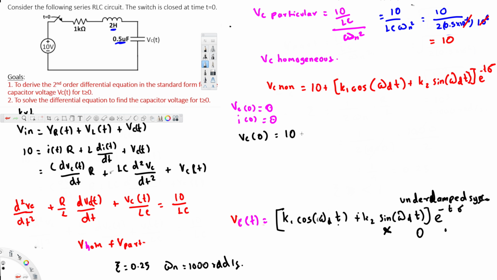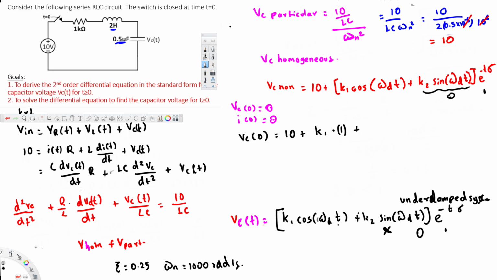So this is going to be 10 plus k1 cos 0. When time is 0, cos is 1, so this is just multiplication with 1. And here, when time is 0, sine is 0, so the whole thing is 0, and e to the power 0 is 1, so we can get rid of that part.